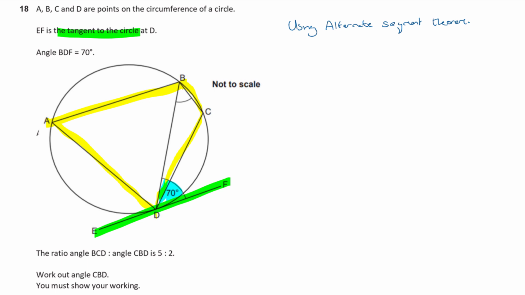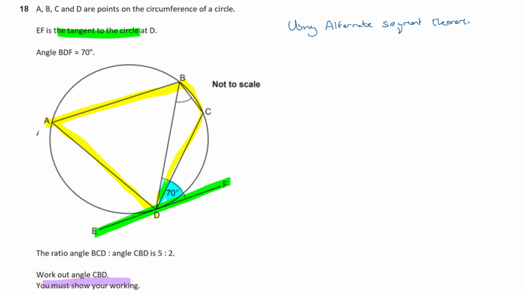Now this is a show your working question, so you have to put these little nuggets into your answer to show that you know the rules that you're using. It's not good enough just to find the angles, you have to explain the process. So I'm using that rule to find another angle here.